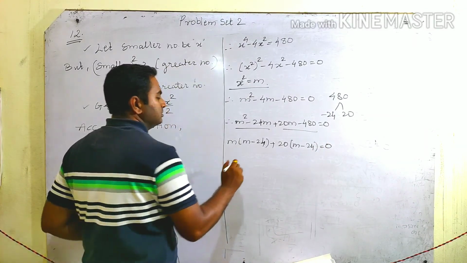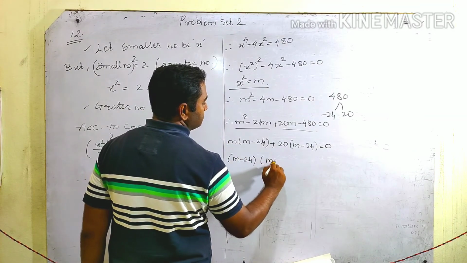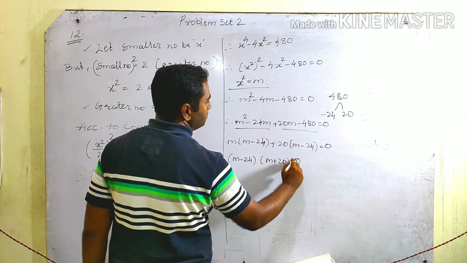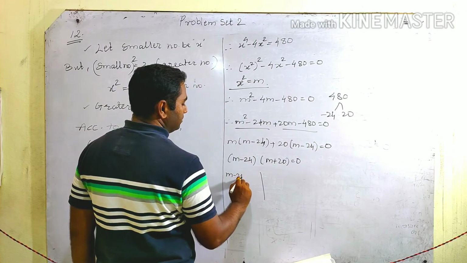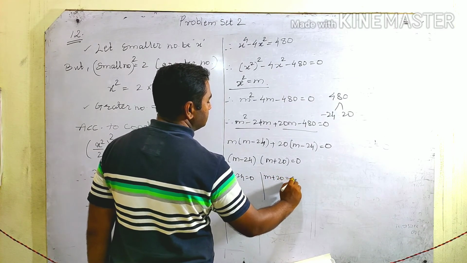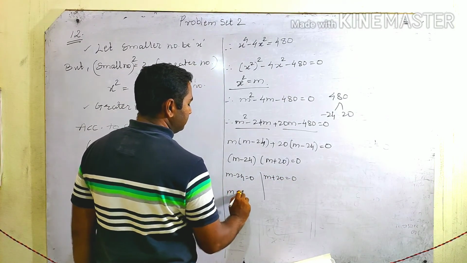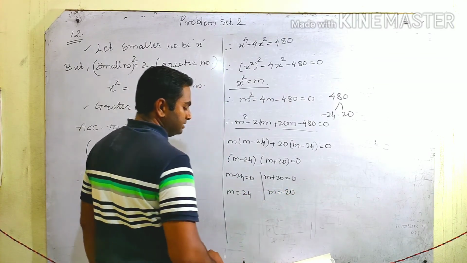Now we take m minus 24 in one bracket and m plus 20 in another bracket, is equal to 0. So we separate them: m minus 24 is equal to 0 and m plus 20 is equal to 0. So m is equal to 24 and m is equal to minus 20.